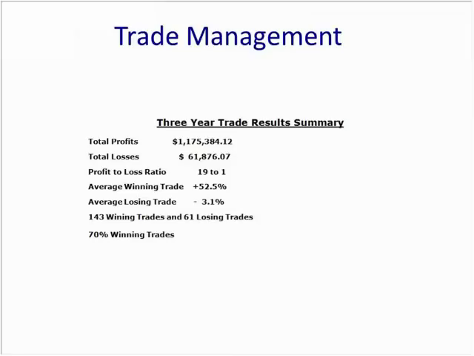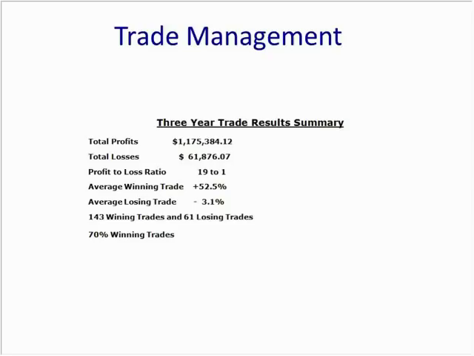And we had 143 winning trades and 61 losing trades. So we had about 70% winning trades, but if you have an average losing trade of 3% and an average winning trade of 52%, you can have 10 losing trades and your portfolio would still profit.